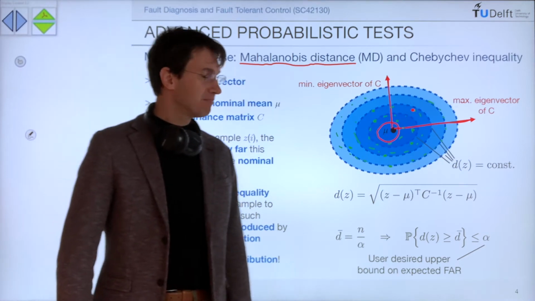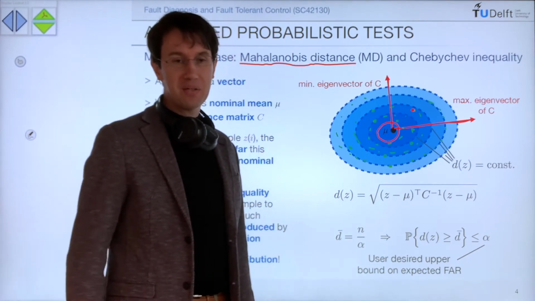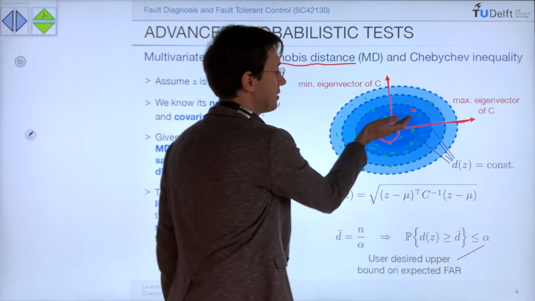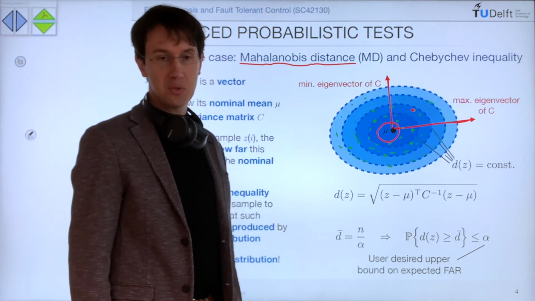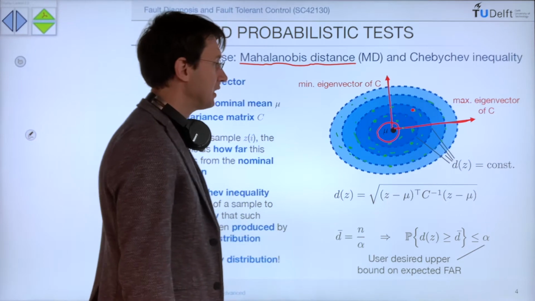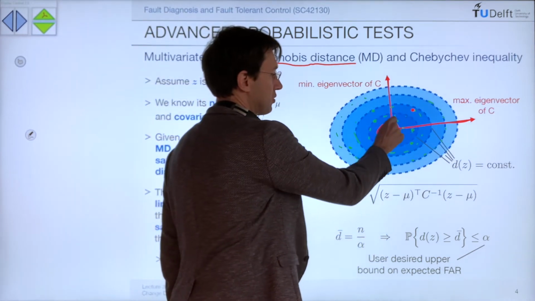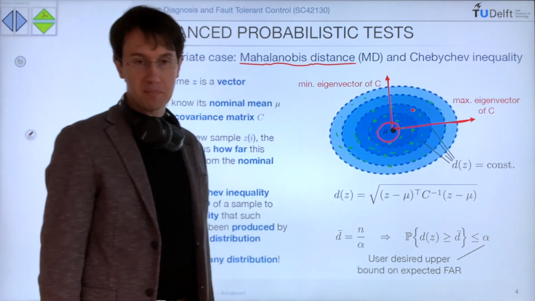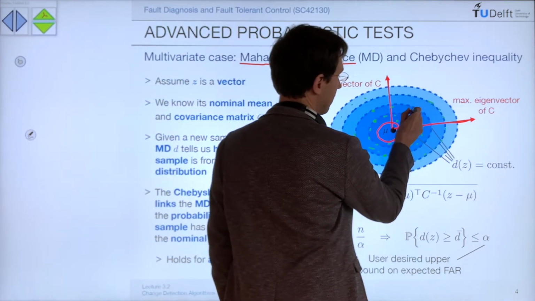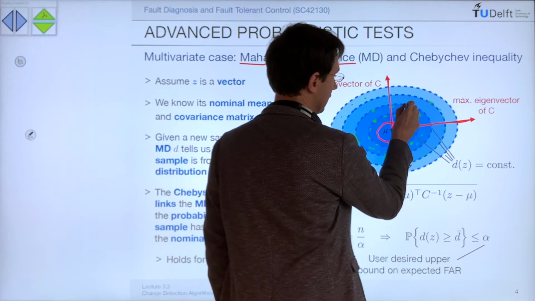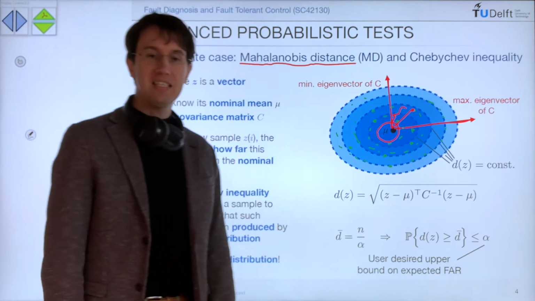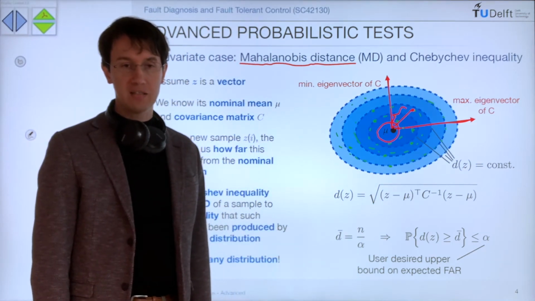Well, if we consider the case where this ellipse actually is a circle, so the 2 eigenvalues of C are the same, answering the question whether this is close or not to the mean is simple. So we take the distance between the sample and the mean, that is, we compute the 2 norm of this vector, and this is telling us whether we are far or not.